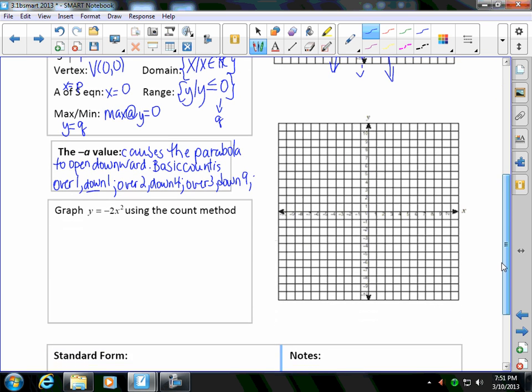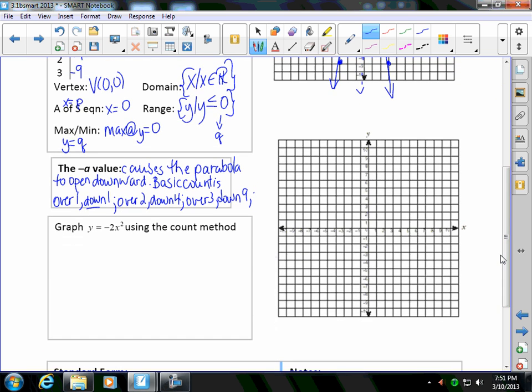So what happens if we have y is equal to negative 2x squared? So we know from before, nothing is being added or subtracted onto this, so we know we have a p-value of 0, and we have a q-value of 0, and now we know we have an a-value of negative 2.